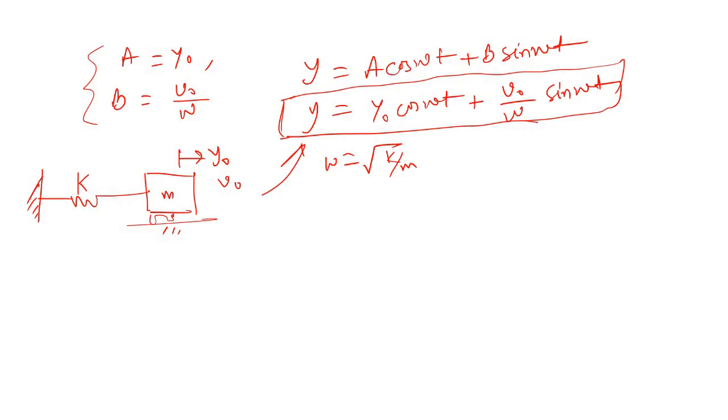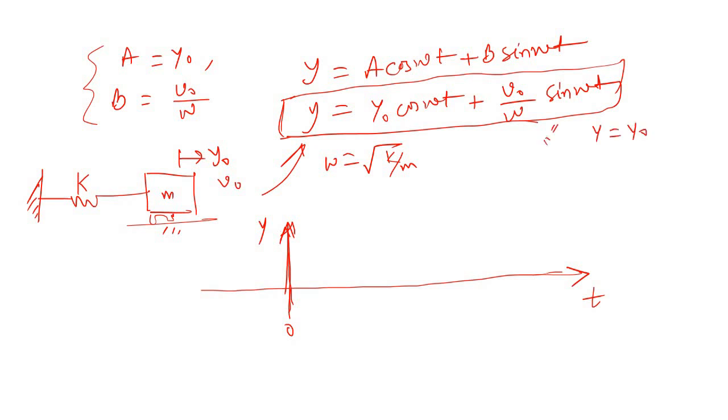So what would be the graph? Let's say this is our amplitude value, that is y, and along the x-axis we are plotting time t, right? When t is equal to 0, what is the value of this equation? At t is equal to 0, you are getting y is equal to y0.